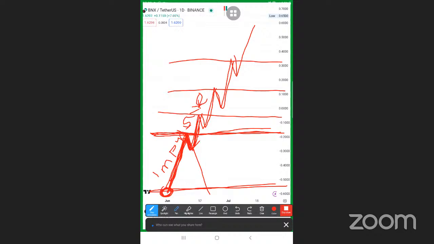So when the market is going upward, it makes two moves. The first move that it makes is an impulsive move.